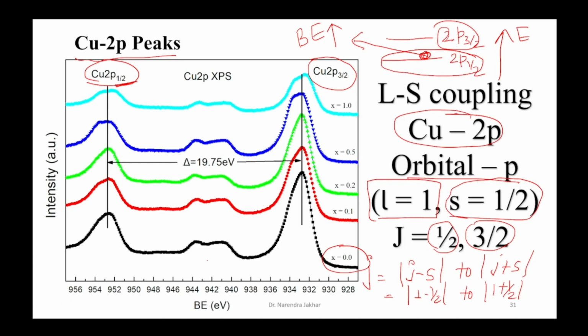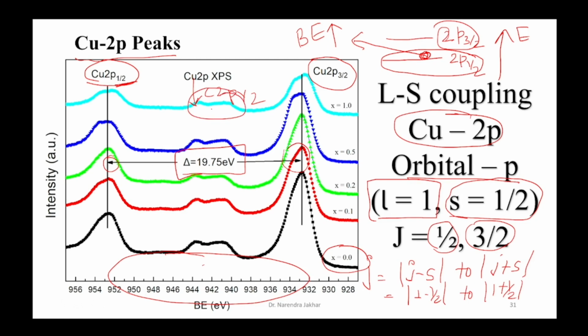One thing: the copper peaks are found at around 920 to 960 eV. The second important thing is that the separation between these two peaks is precisely 19.75 electron volts. If there is a false peak, it cannot be ascribed as Cu 2p 1/2.